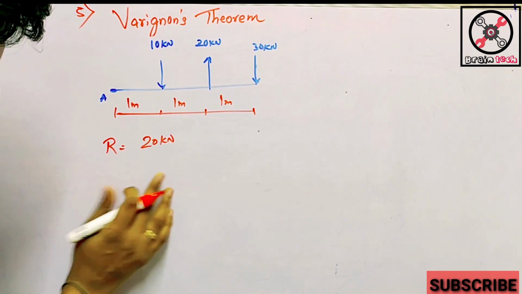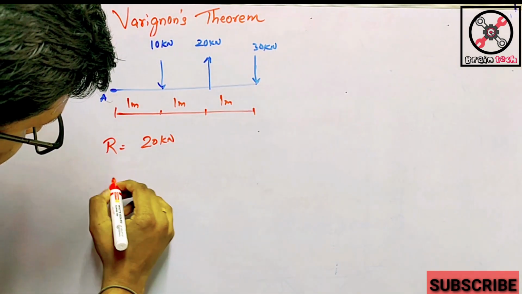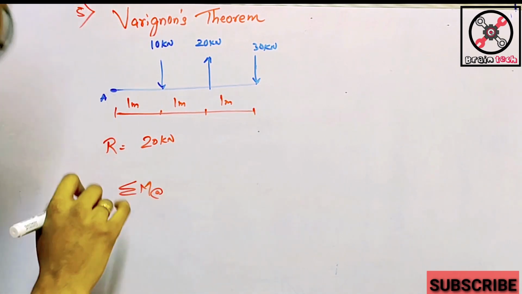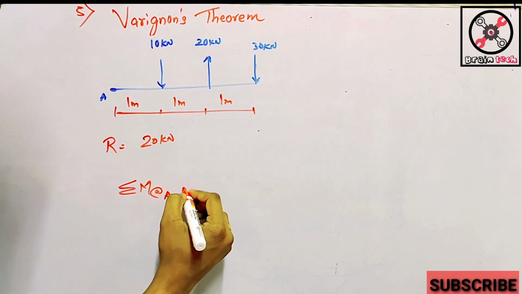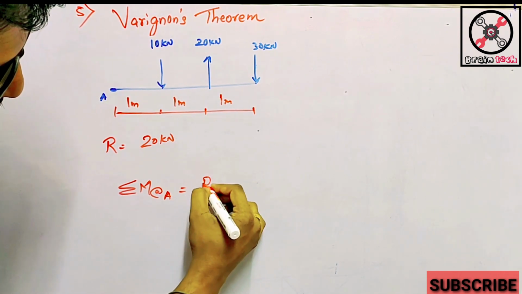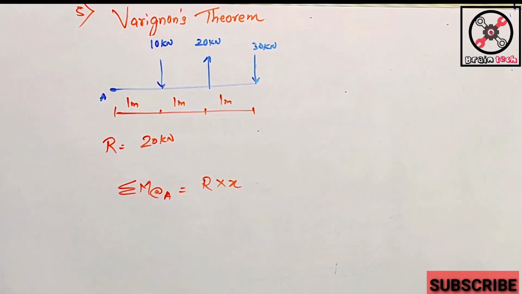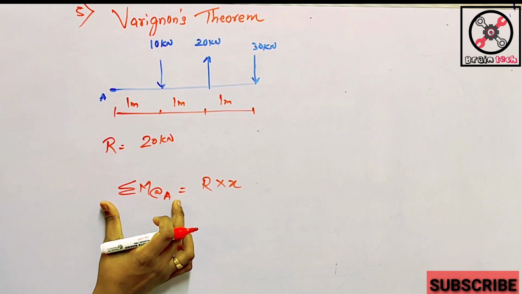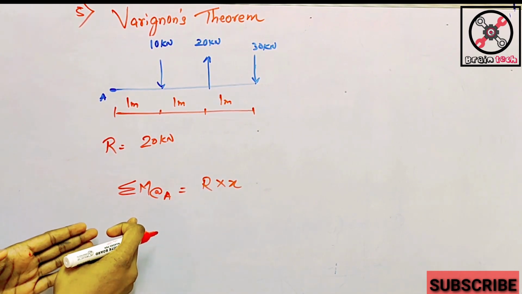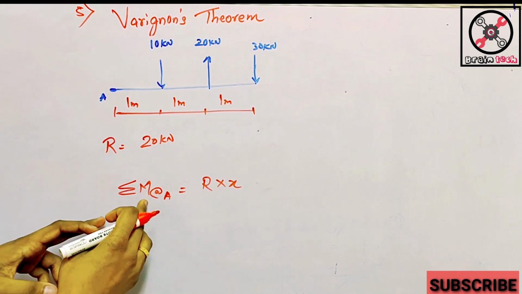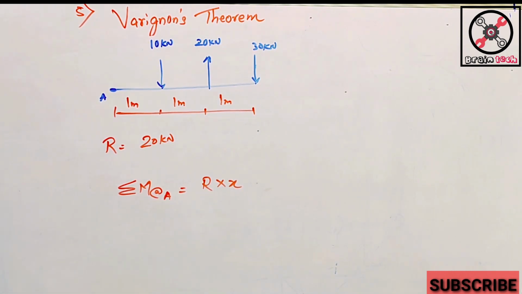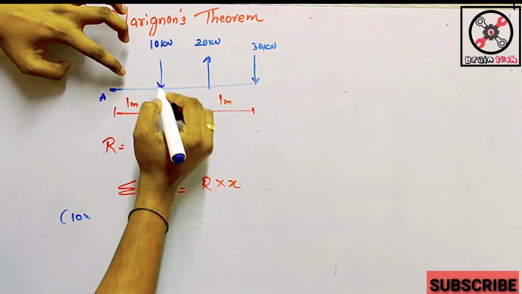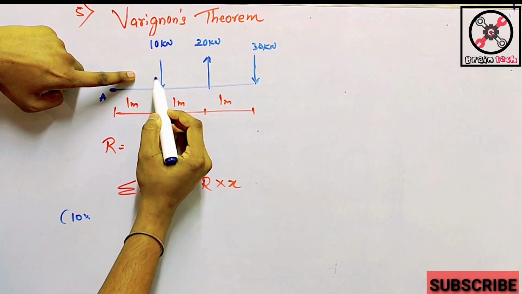So we'll apply Varignon's theorem. Varignon's theorem says summation of moment about any point, here I am considering point A, is equal to the moment of the resultant. Summation of moment about A means addition of all forces about point A. So it is 10 into 1, since the distance should be perpendicular.